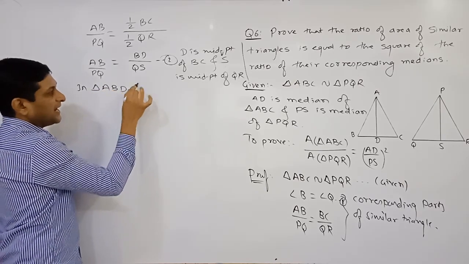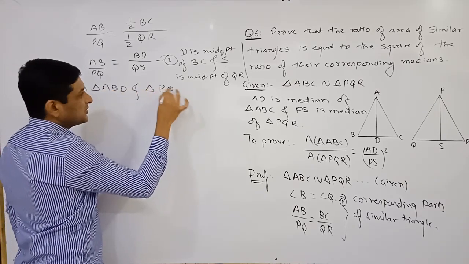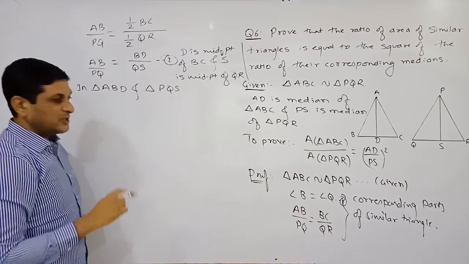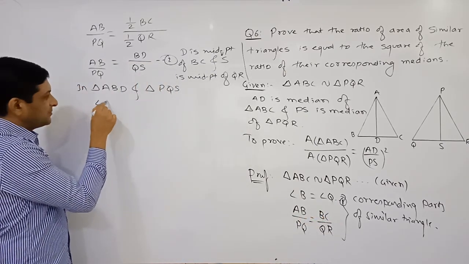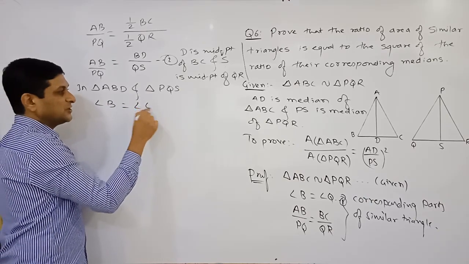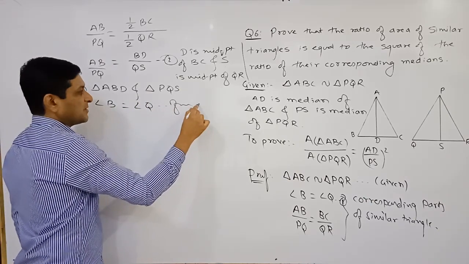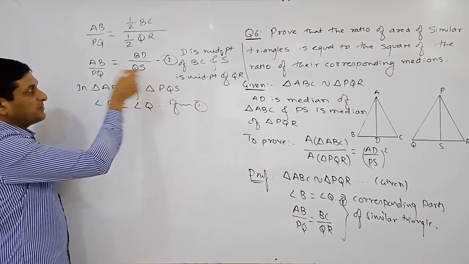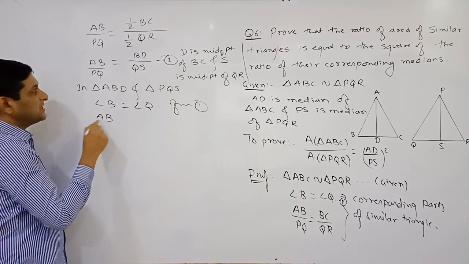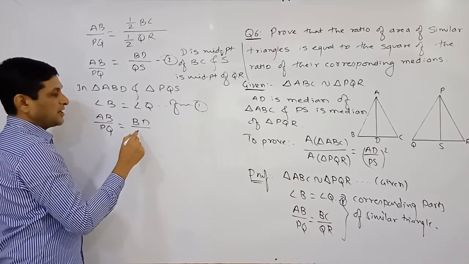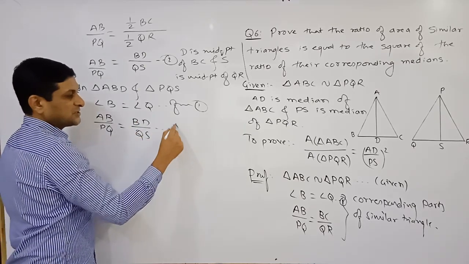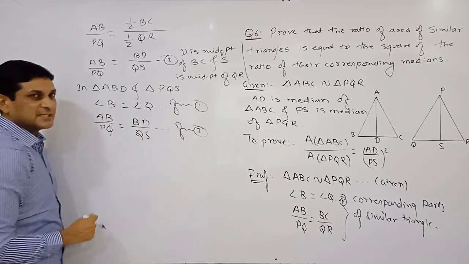In triangle ABD and triangle PQS, from equation number 1, angle B is equal to angle Q. And from equation number 2, AB upon PQ will be equal to BD upon QS.